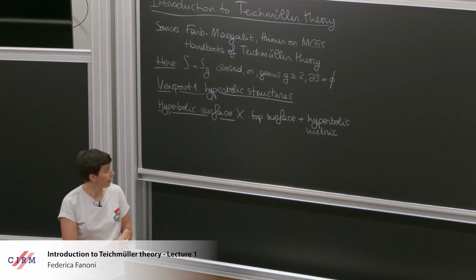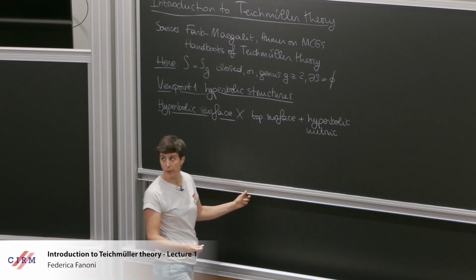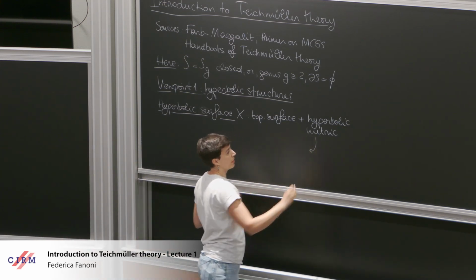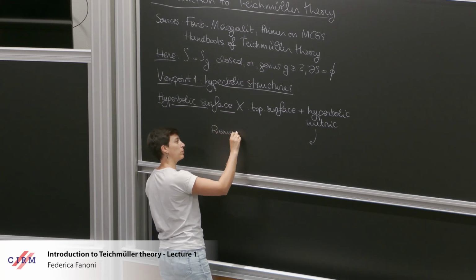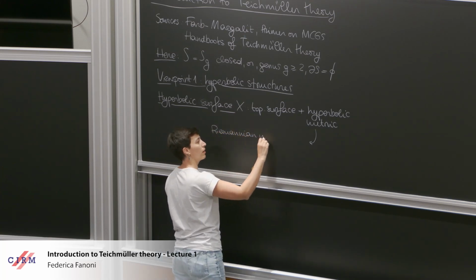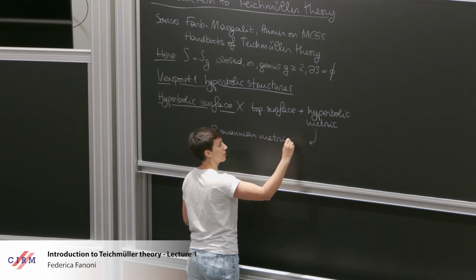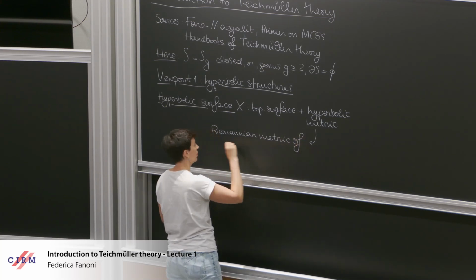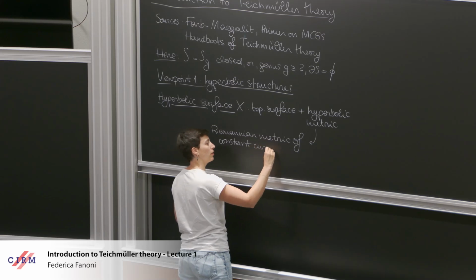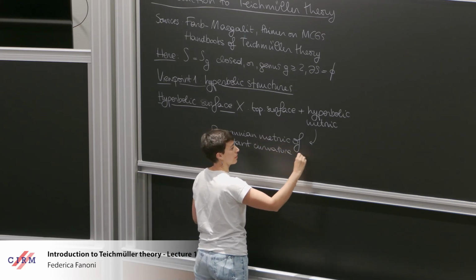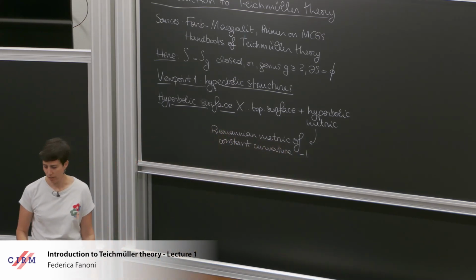So a hyperbolic metric you can define in many ways. One way is you can say it's a Riemannian metric of constant curvature minus 1. It's a very quick definition.